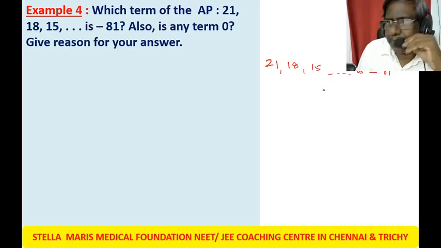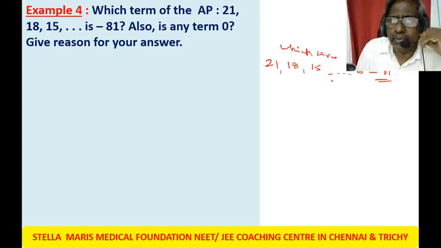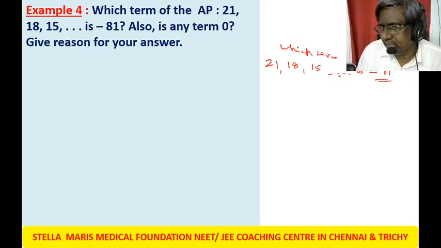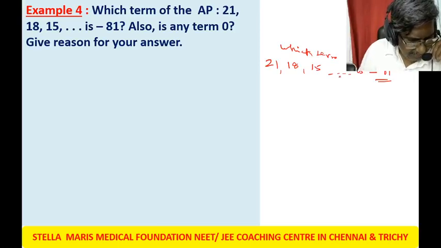They want to know which term of the AP is minus 81, and also whether there is any term in between that is 0. I'll solve this problem.